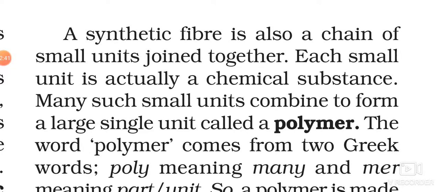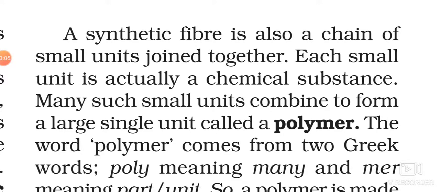So the small units which I am saying are the molecules of chemical substances. And the molecules of the same kind are combined to form a large unit. This large unit is called a polymer.